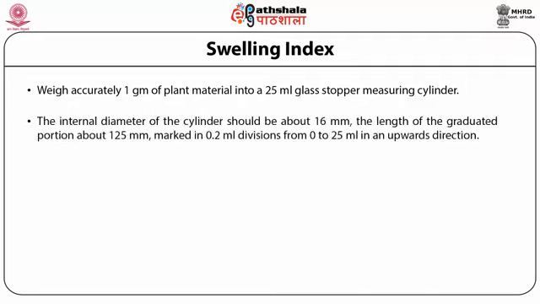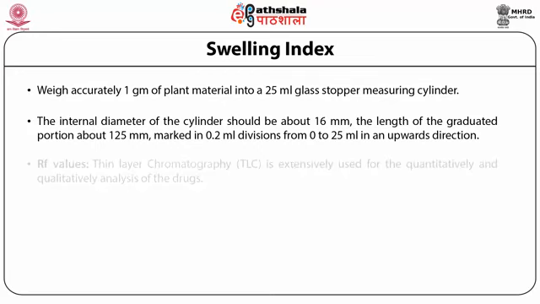The internal diameter of the cylinder should be around 16 mm, and the length of the graduated portion about 125 mm. Once you put these substances with water, there is swelling taking place in an upward direction, so the increase in the volume indicates the swelling index.